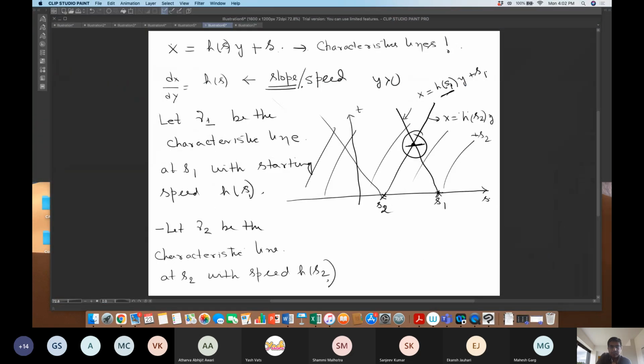Because suppose you are here, it can have a solution along this line and a different solution along this line, and they intersect. So what will happen? Does the solution exist globally? No, sir. Why? Maybe the slopes are equal, which contributes to the Jacobian being equal to 0. No.